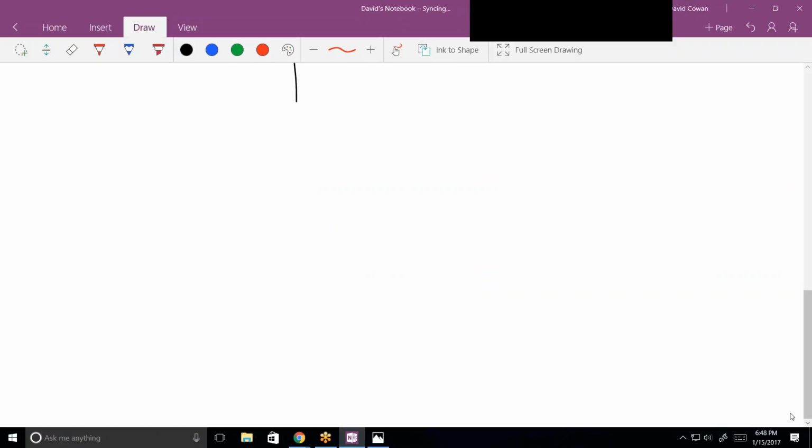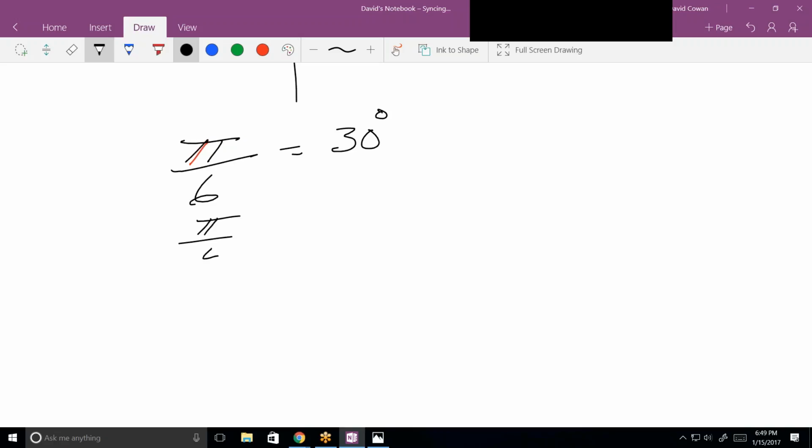In fact, this is probably the best way to convert from radians to degrees. Pi over 6 is equal to 30 degrees. Notice 30 times 6 is 180. Pi over 4 is equal to 45 degrees. Notice 4 times 45 is 180.